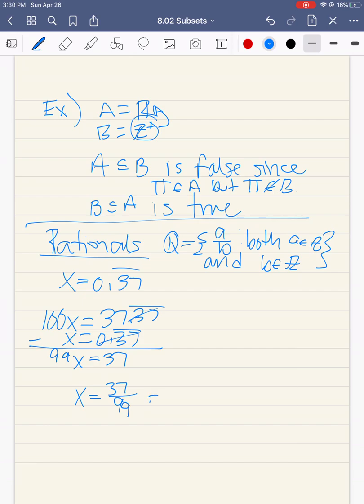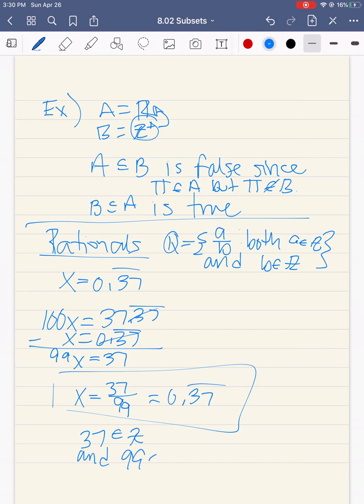This is equal to 0.37 repeating, and I've just shown that this repeating decimal does in fact meet our definition of a rational number, because 37 is an element of Z, and 99 is an element of Z. So this meets our definition.